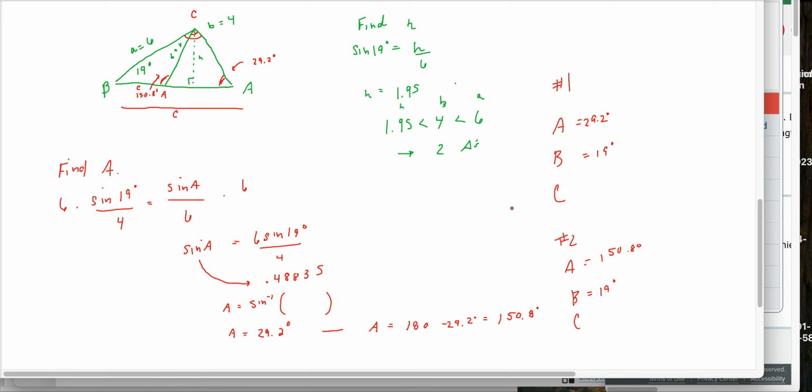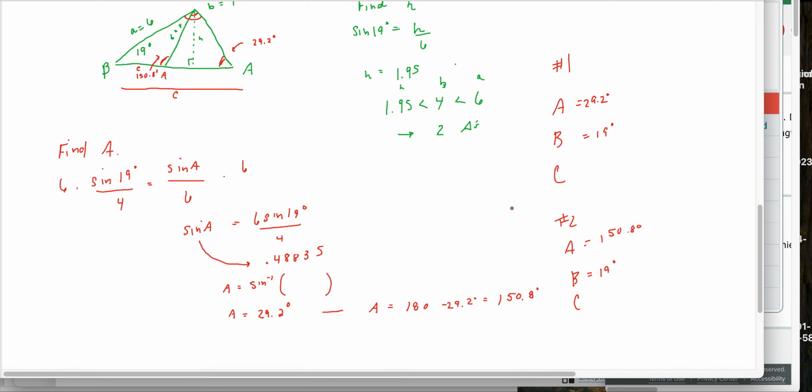And really, since we have two angles and we know that all angles sum to 180, I don't need to set up another ratio. I can just add the two and subtract from 180, right? So to find angle C now, for that first one, it's going to be 180 minus, and then just adding those two together, 29.2 plus 19.